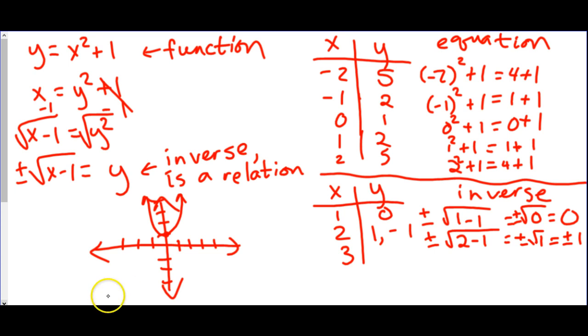We flip it over that 45-degree line, which would turn it sideways like this. To determine if it's a function or a relation, when it's graphically, we would do what's called the vertical line test. If I can put a vertical line anywhere I want on the function, and it only passes through the function once, it is a function.